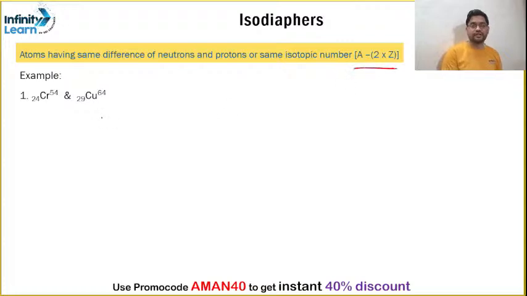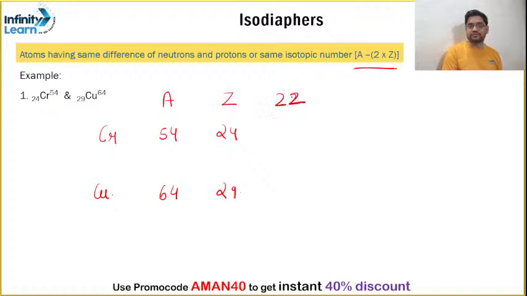Next, isodiaphers. If I talk about isodiaphers, their isotopic number is the same. Let us talk about chromium and copper. Their A value, atomic mass number, is 54 for chromium and 64 for copper. Their atomic number is 24 and 29. Twice Z is 48 and 58.